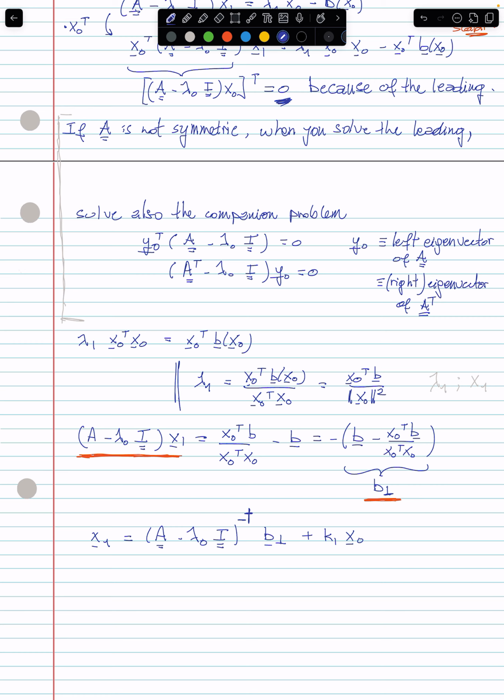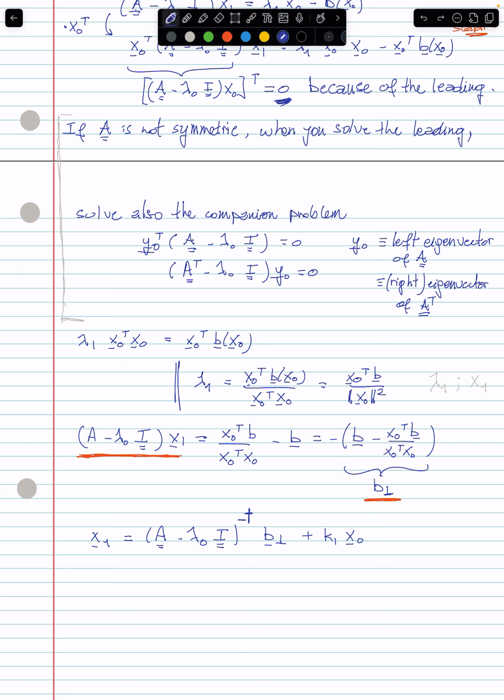Because you notice here that if you add any number k times x0 to x1, you see that this would cancel out because of the product, right? And so it means that because the matrix on the left here is singular, there is no way we can determine the component which is aligned with the corresponding eigenvector.